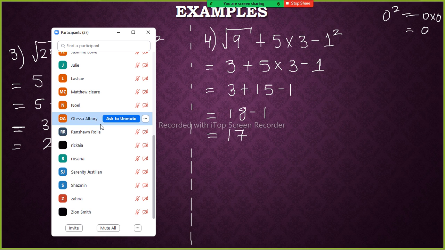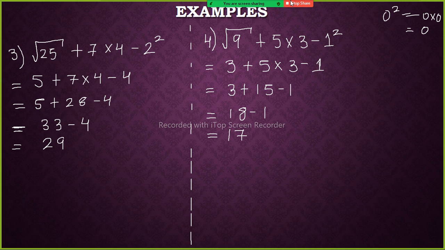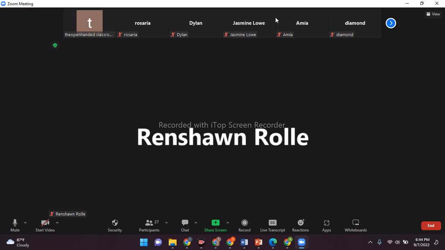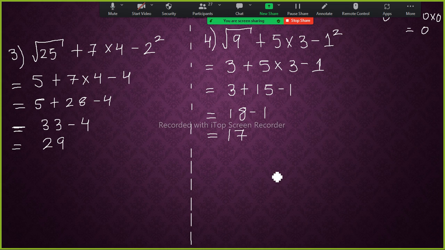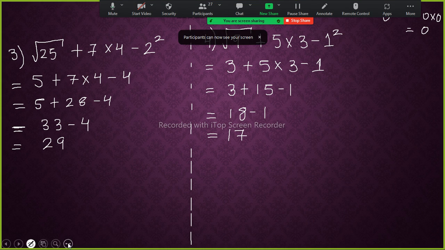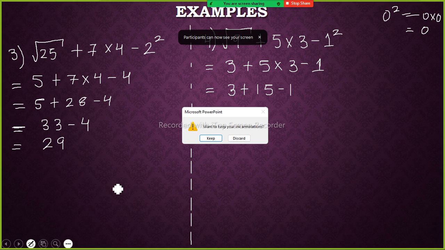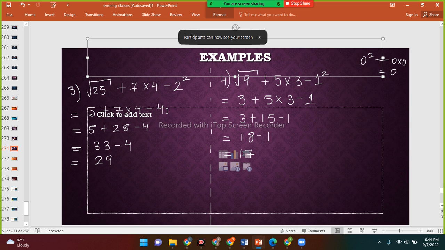Okay, so let's move to our exercises. Can anyone guess how many exercises I'm going to give you? Just give a guess. 7. 10 or 8. 5. Who said 5?